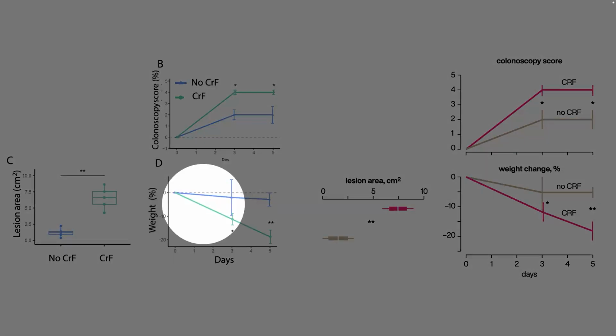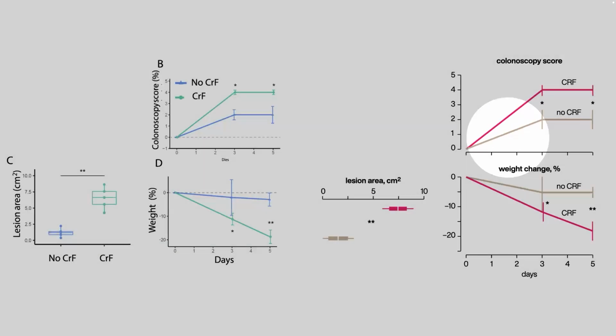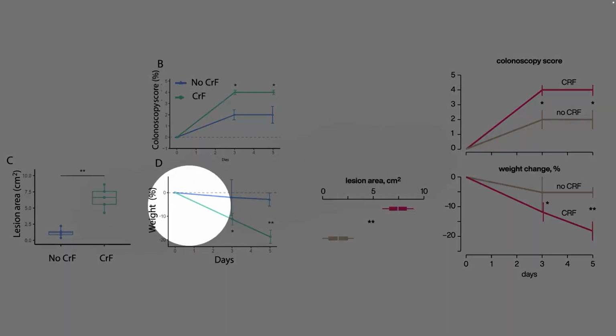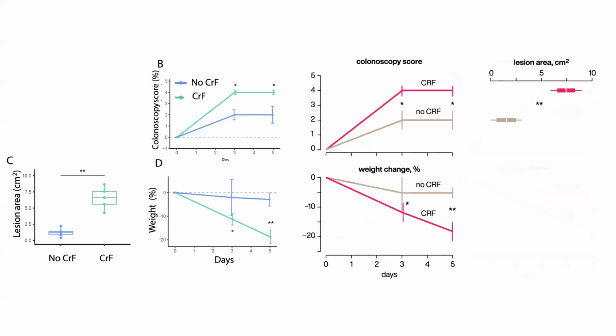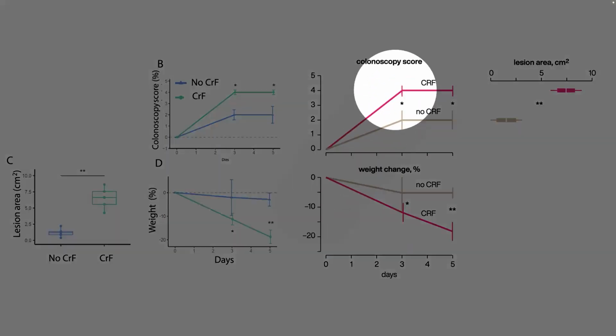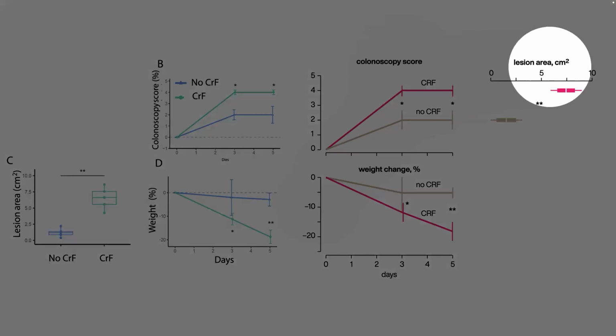So I've drawn it kind of in keeping with how it's drawn over here, but I have made the contrast a little bit higher, so the data really stands out. The creeping fat is a worst case scenario, so I have made that magenta. And I've turned this box plot for the lesion area horizontal because what I want to do is I want to try to connect the colonoscopy score, CRF, no CRF, with the lesion area.